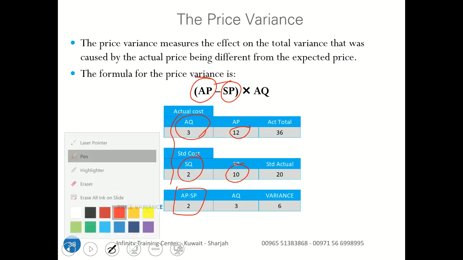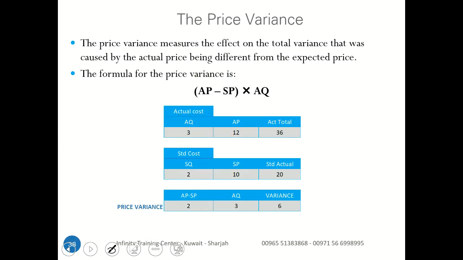When you are buying the material, you paid extra. How many units did you buy? You bought 3 units. So that means you are paying $6 extra. This is what the price variance is. Again, the formula is AP minus SP into AQ.